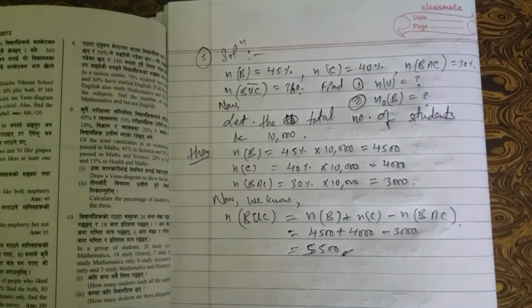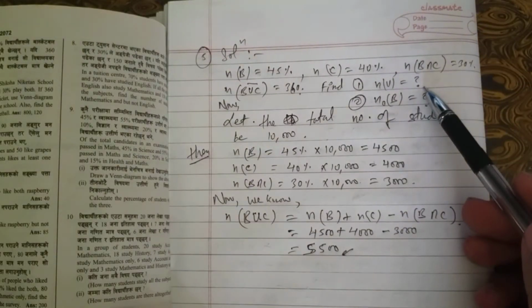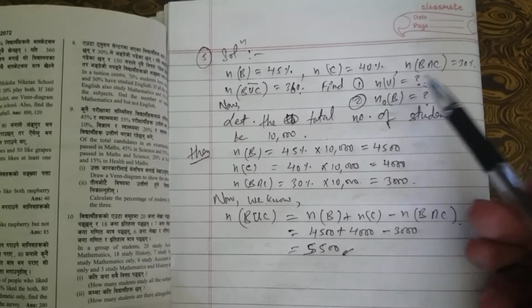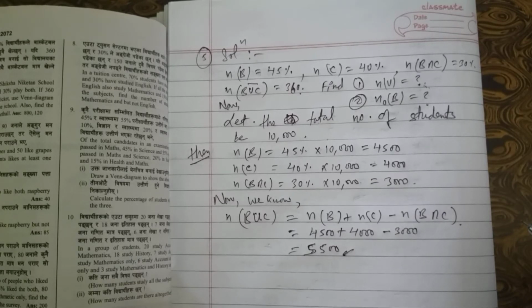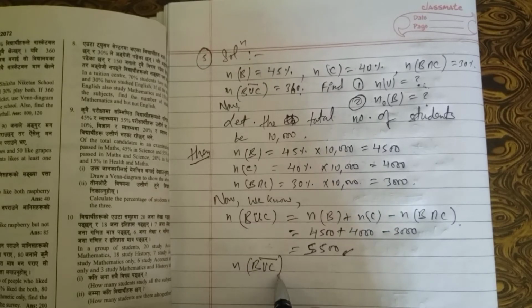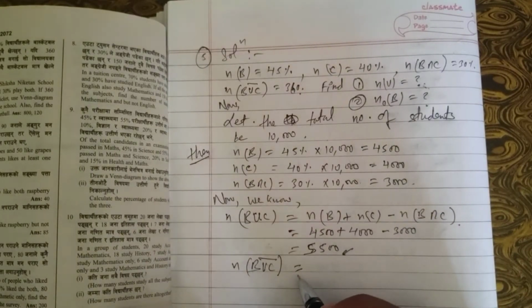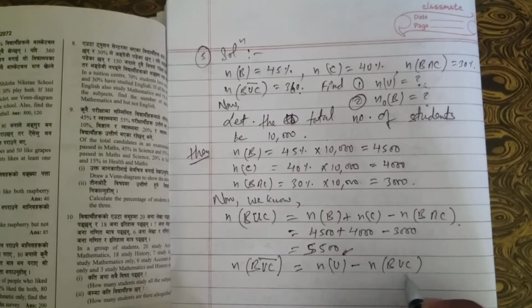Now, all we need to find out is basically the total number of students. So n(B union C)', those who don't play any of them, is the total number of students minus those who play at least one.